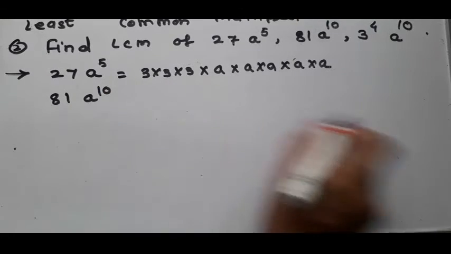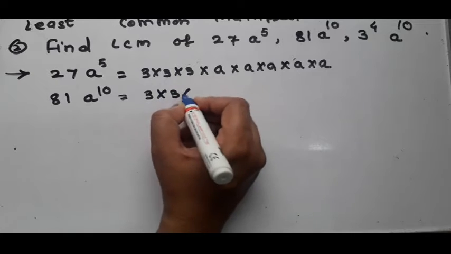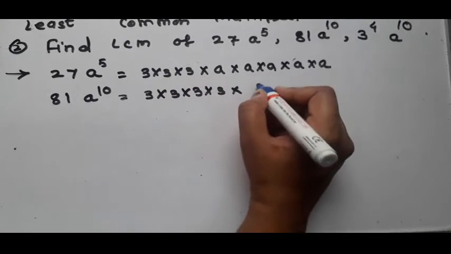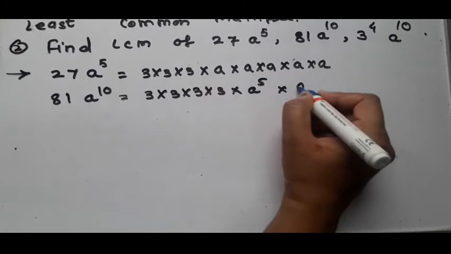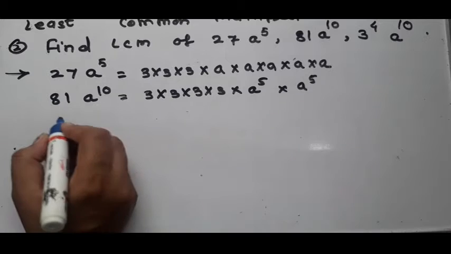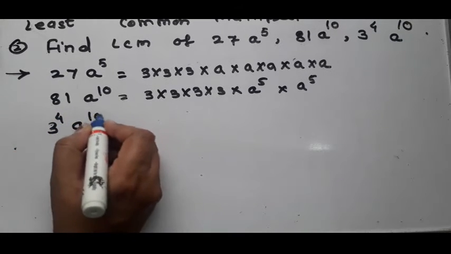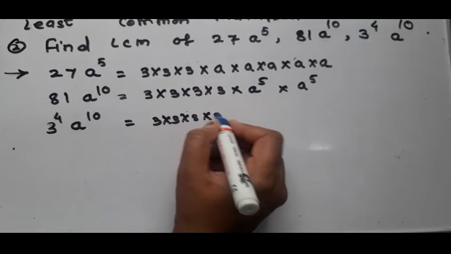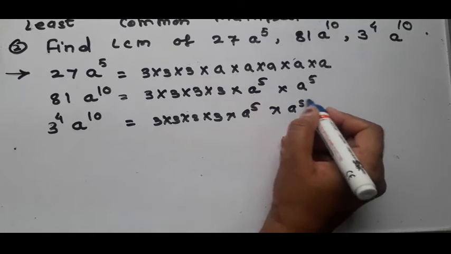Now I will not write a 10 times. 81 means 3 into 3 into 3 into 3 into a raised to 5 multiplied by a raised to 5. The third number is 3 raised to 4 a raised to 10, that is 3 into 3 into 3 into 3 into again a raised to 5 into a raised to 5.